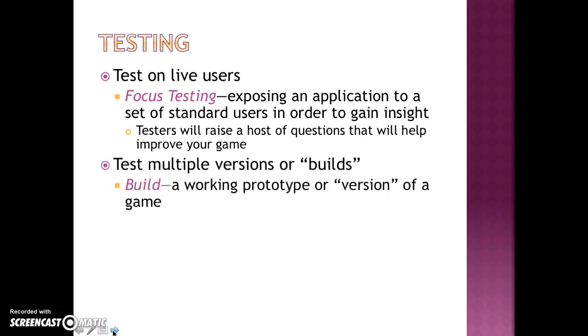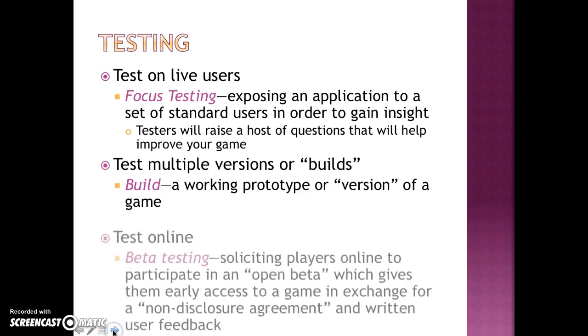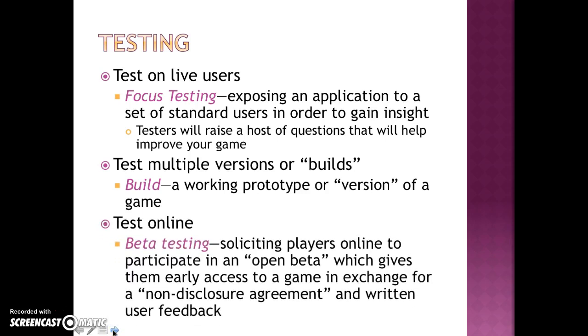Second type of testing is testing multiple versions or builds of the same product. A build is a working prototype or a version of the game. You have people test different versions that you have out. It's all the same game, same product, but just different types. And then thirdly, testing online. Many of you probably have done this.